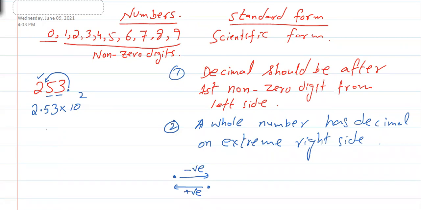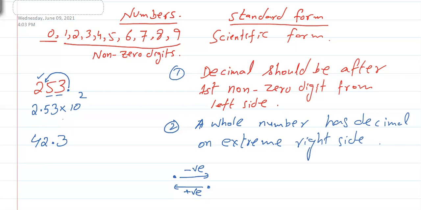Okay, let me give you another example. Let's suppose we have 42.3, and this is called normal form. When we don't write in the form of 10 to the power, this is called normal form. Now I have to convert the normal form into the standard form or scientific form.